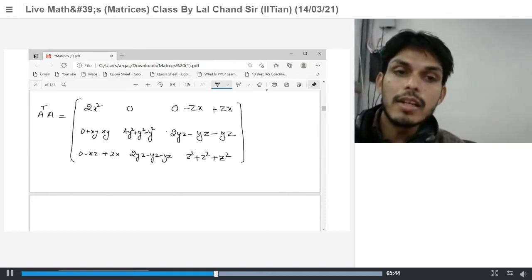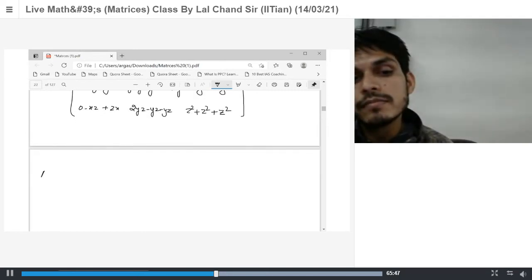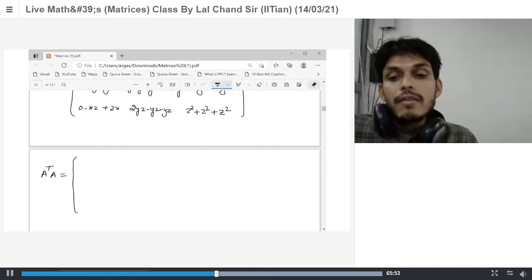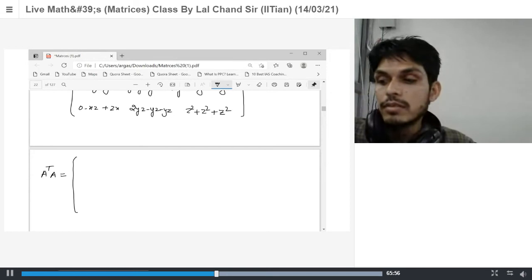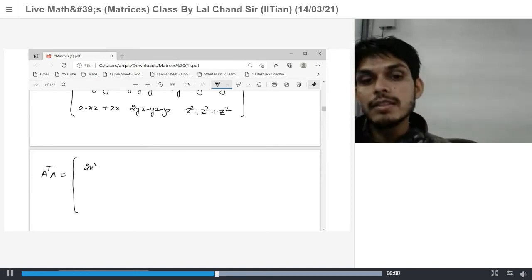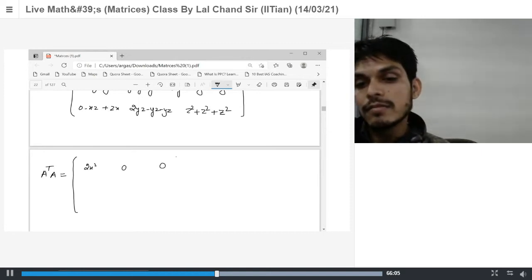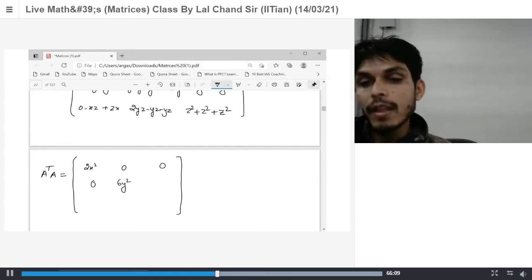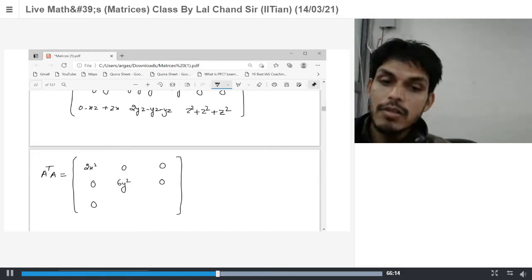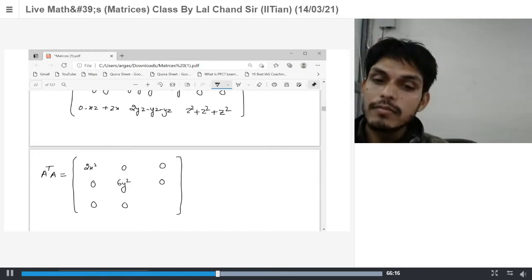So finally, after simplifying this, can you tell me what is the value? So this is equal to twice of x square. This is 0. This is 0, 6y square, 0, and this is also 0, and this value is also 0, and this is 3z square.